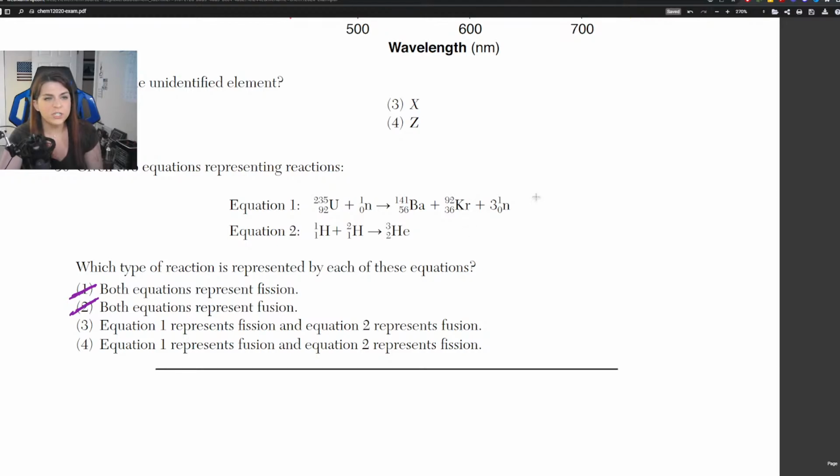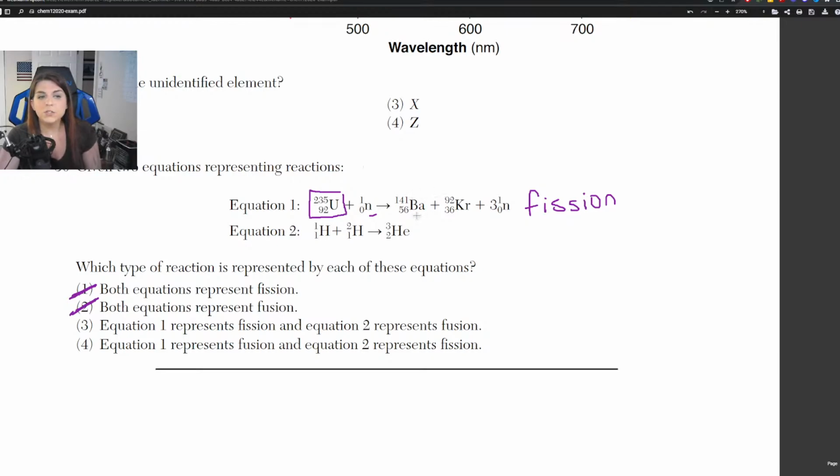This first equation is going to be a fission reaction, and it's fission because we have a big element, and you just kind of throw a neutron at it. And when that happens, because it's so big, it's super delicate. There's just too much stuff crammed in the nucleus, the uranium's not happy.